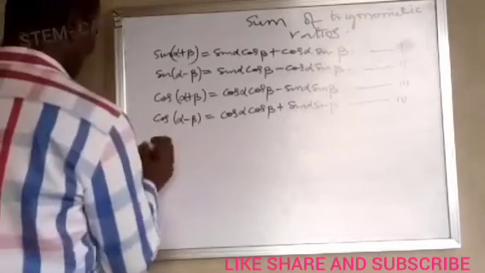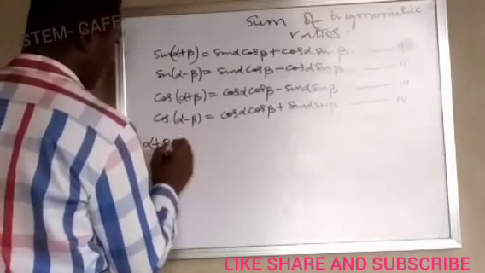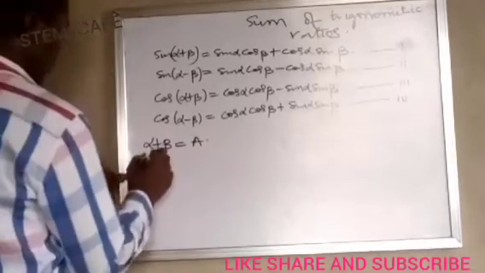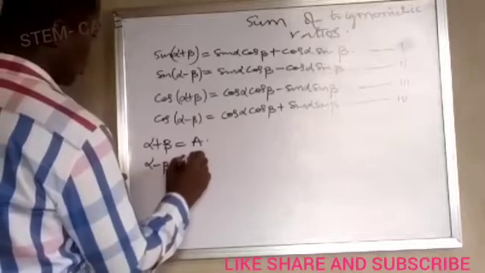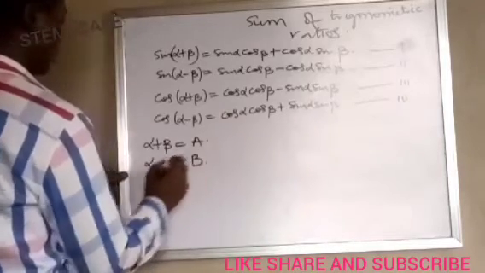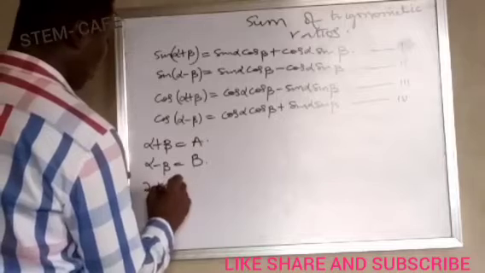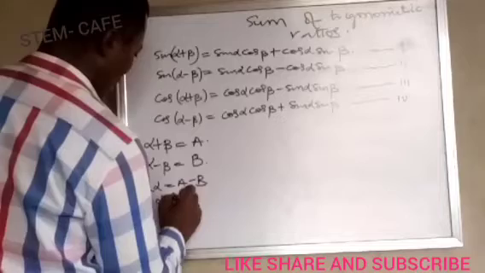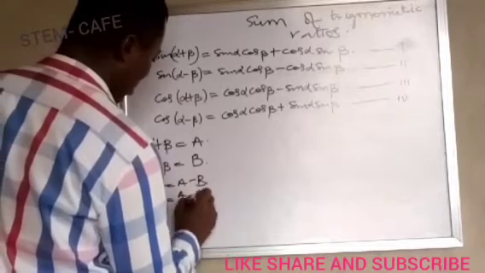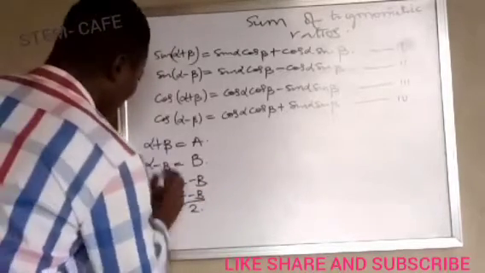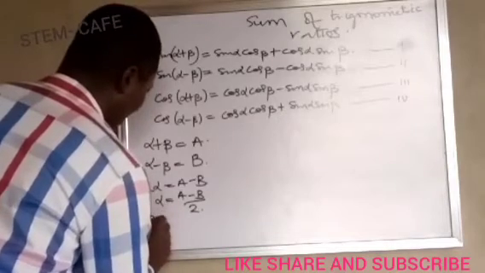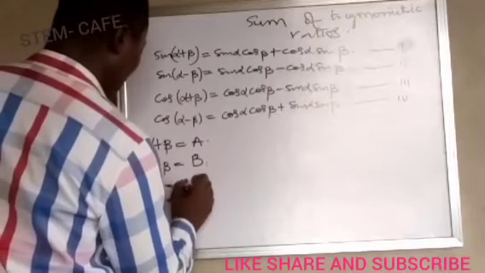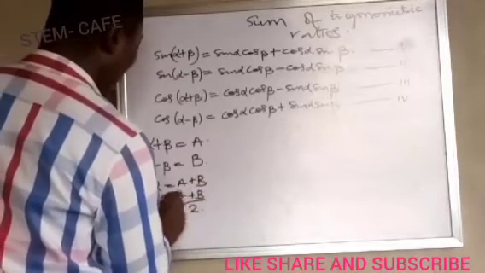So let's make it like this. Alpha plus beta is equal to A. We are going to use our knowledge of simultaneous equations. Alpha minus beta is equal to B. So alpha is A plus B over 2.